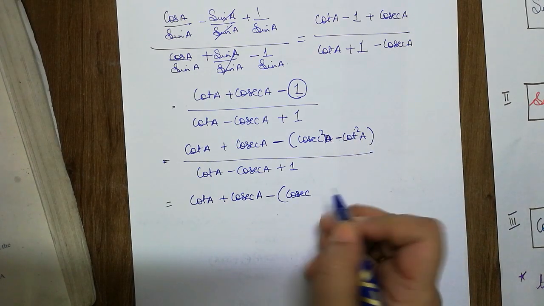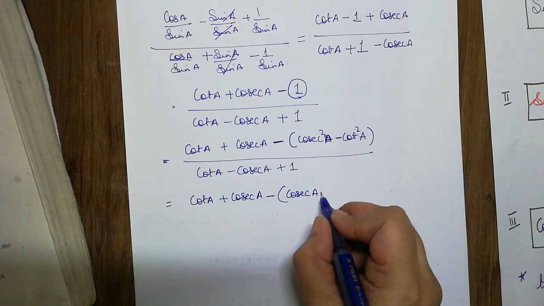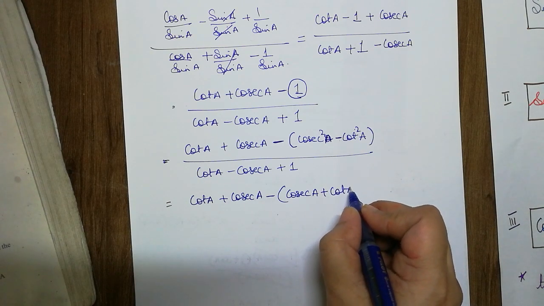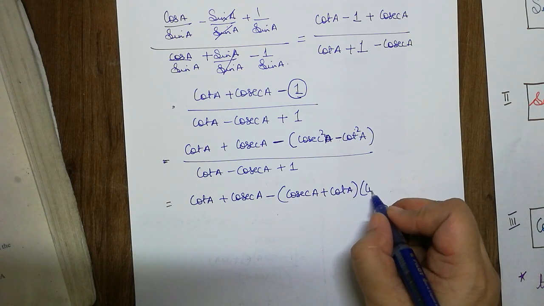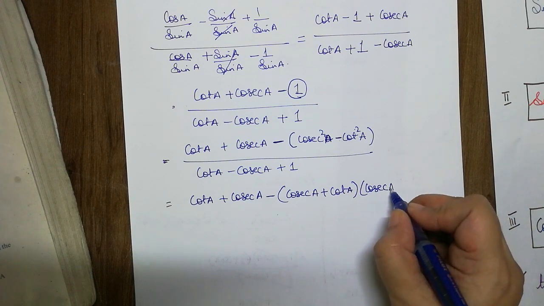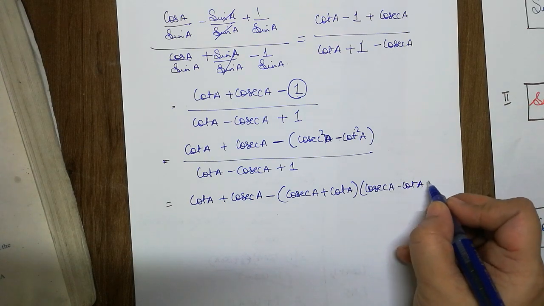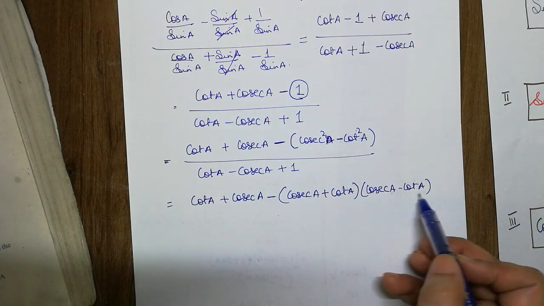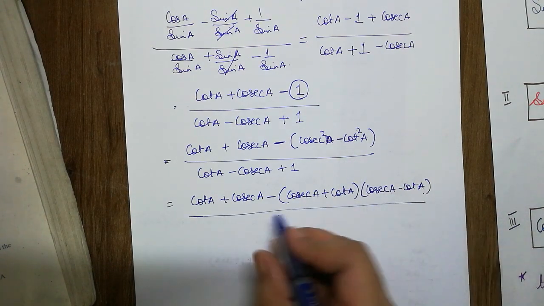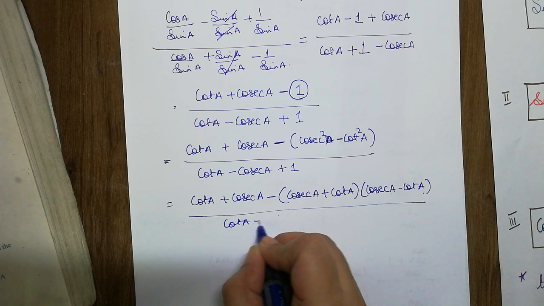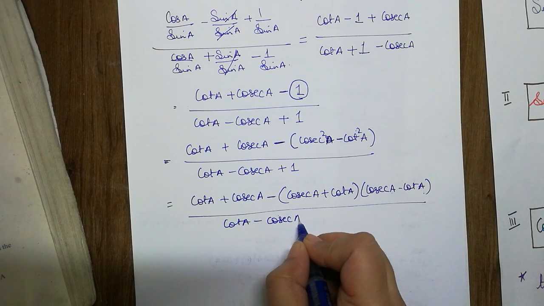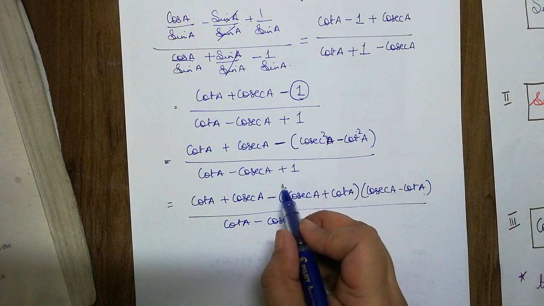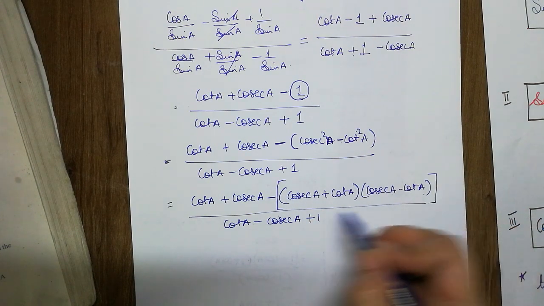It becomes a plus b, then cosec a minus b. Understand this: a square minus b square is a plus b, a minus b. Bring it, cot a minus cosec a plus 1. Now we'll put square bracket because this minus sign is here.